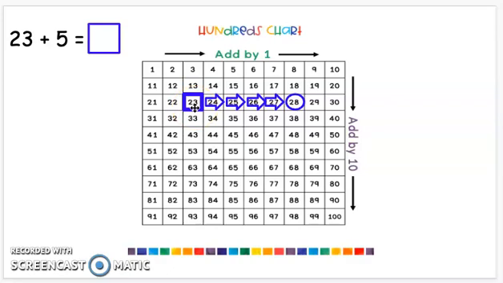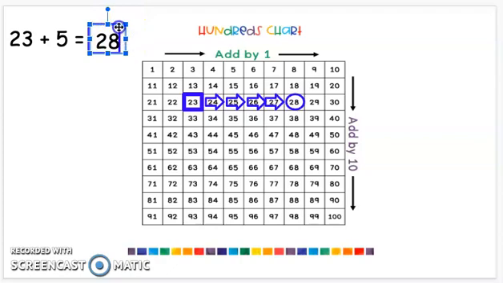And you'll see I have arrows showing the jumps until I get to my last jump where I have a circle. So 1, 2, 3, 4, 5. And I land on 28. So 23 plus 5 is 28.